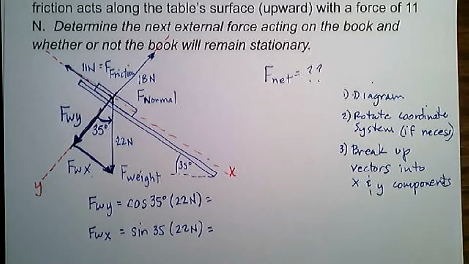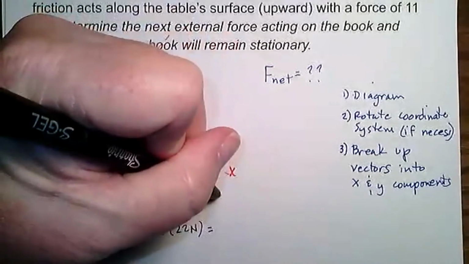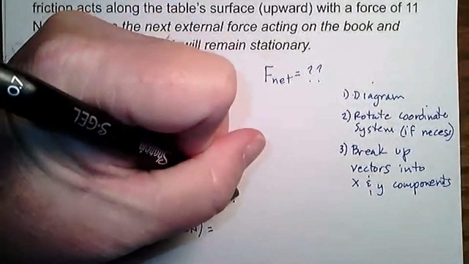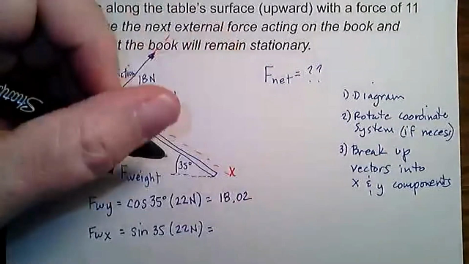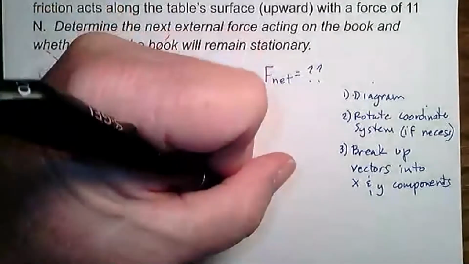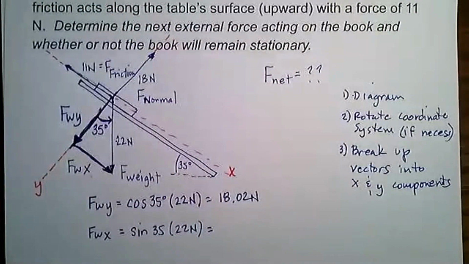So we would say cos 35 times 22. Okay, I get 18.02. And nothing happened to the units, so that would be in newtons.